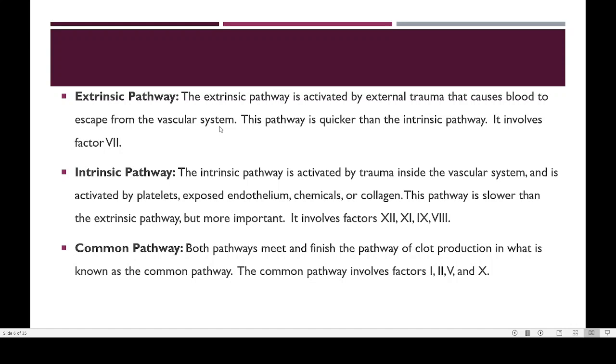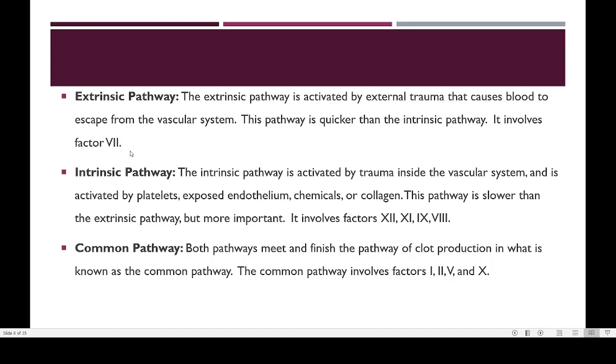For example, a minor cut on your skin, where a small amount of blood will be lost from your body. That is an external trauma. The external trauma will trigger the extrinsic pathway, and one advantage is that this is faster and quicker, and it involves clotting factor 7.